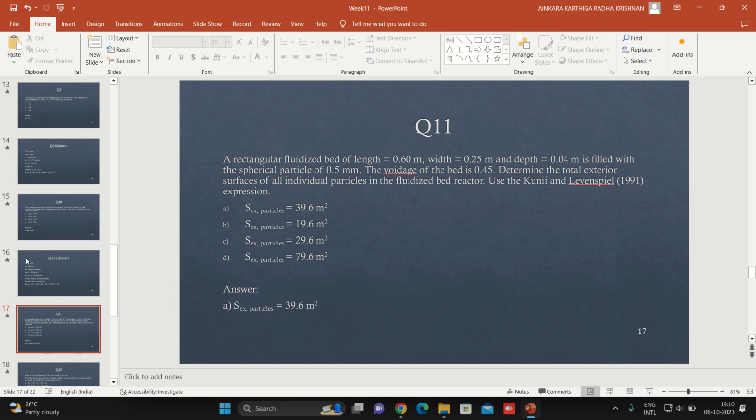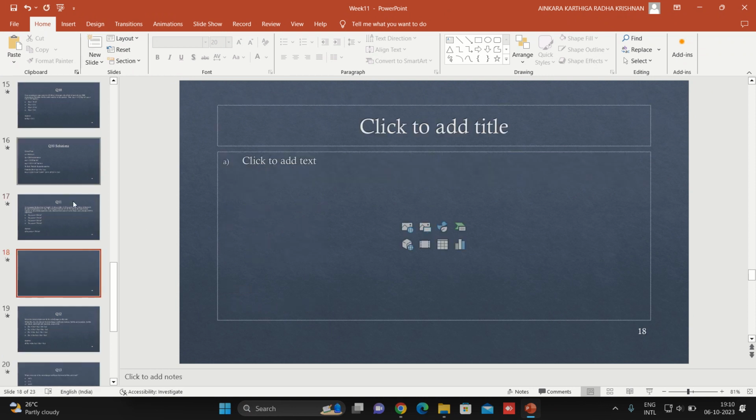So we'll solve this. For solving, first we'll write the given data.